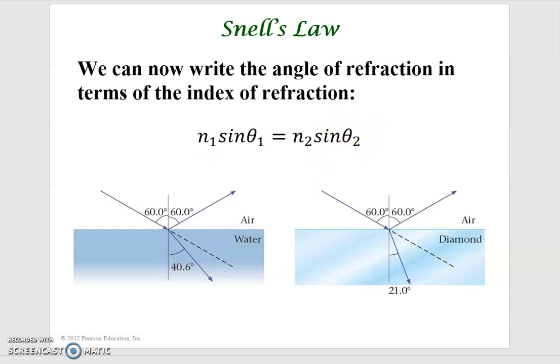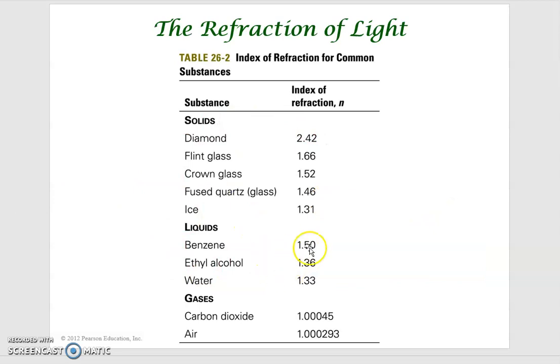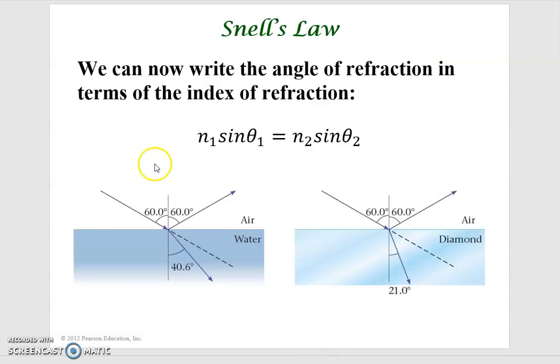Now, using the information given here, the index of refraction for different kinds of substances: for air, you can basically treat it as 1, but for water, it is 1.33. So if you substitute 1 for N1 and 1.33 for N2, you will get theta 2 equal to 40.6.